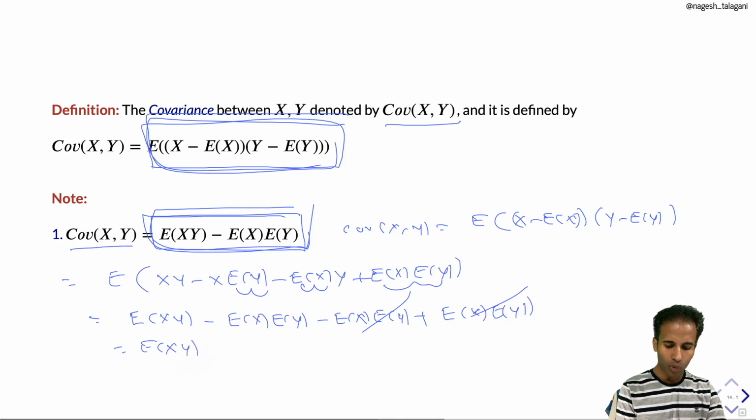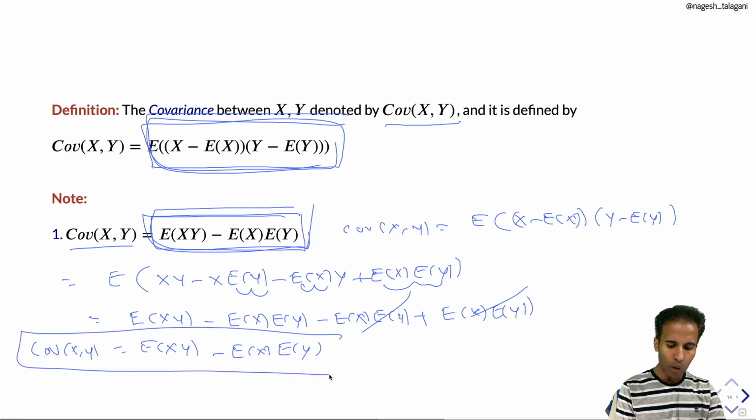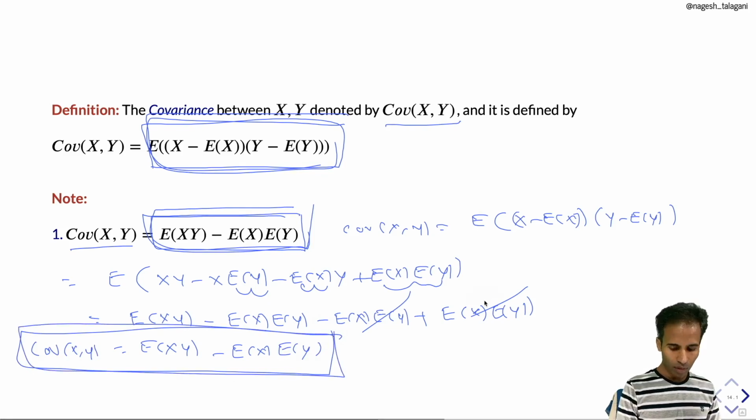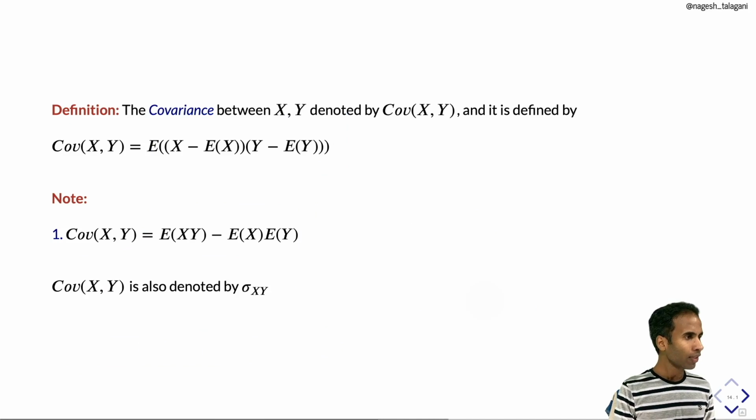Expectation xy minus expectation x times expectation of y. This is the covariance of x and y. To compute covariance of x and y, we use this formula. And this covariance of xy is also denoted by sigma xy.